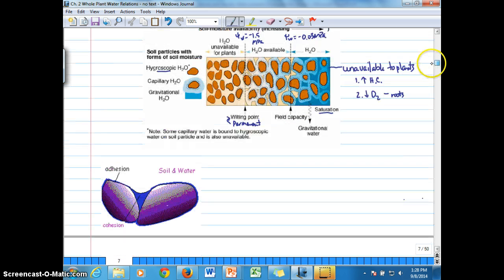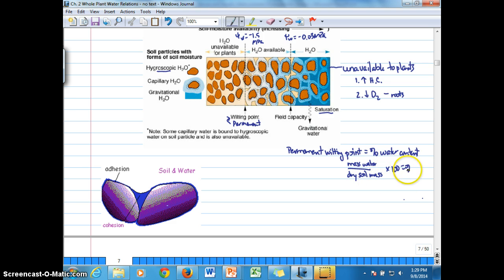Let's talk a little bit about permanent wilting point. The permanent wilting point, just to define that here, basically is the percentage of water content, which we measure as the mass of water over the dry soil mass times 100.